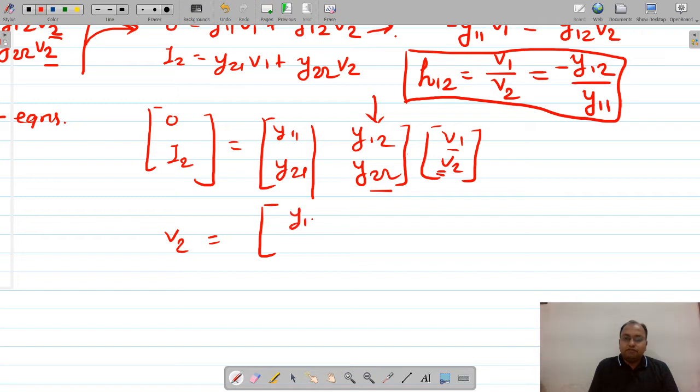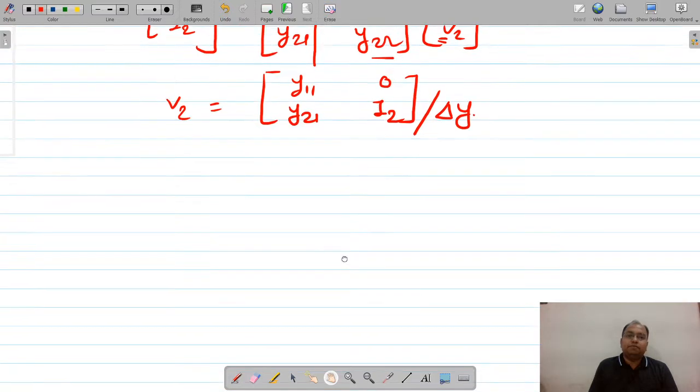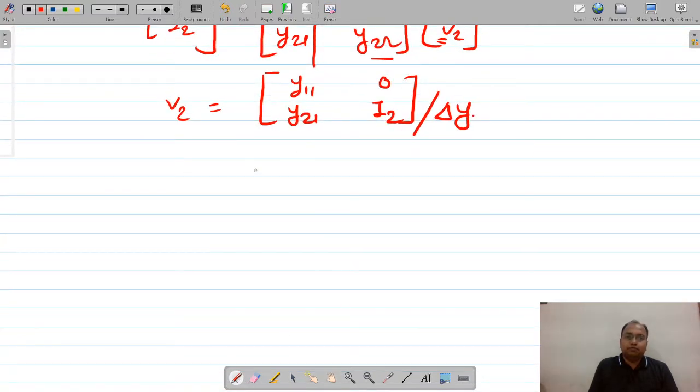So y11 will be there as it is, and this column will get replaced by the constant terms, divided by delta y. Okay, so let us simplify this. So y11 I2 divided by delta y is equal to V2.